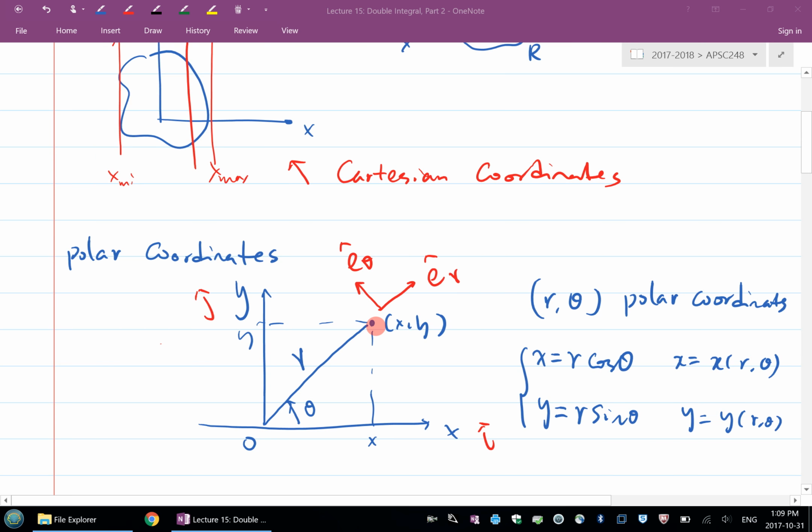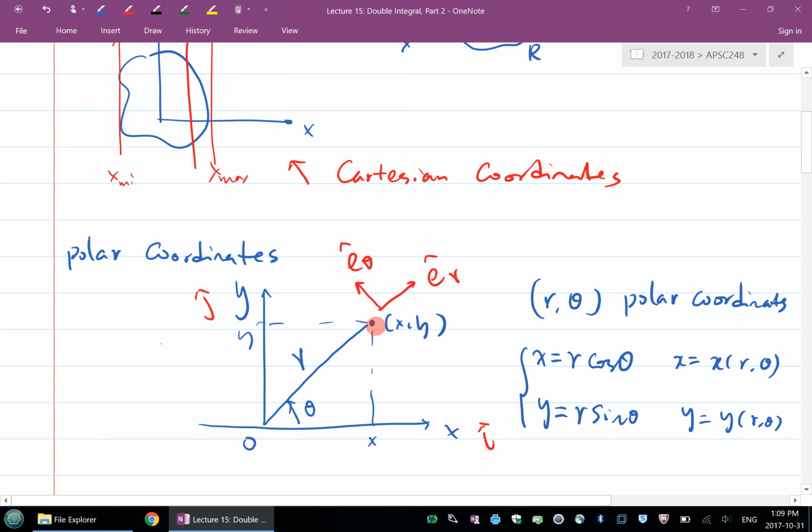You can't have negative lengths. So r is always between 0 and something, an infinite number or some other value. But theta could be negative, as you're going to see in some examples.